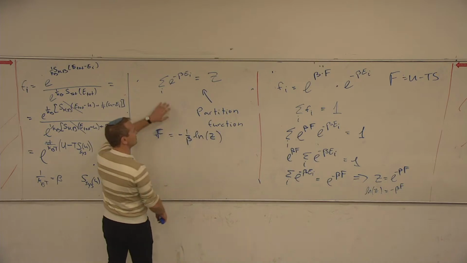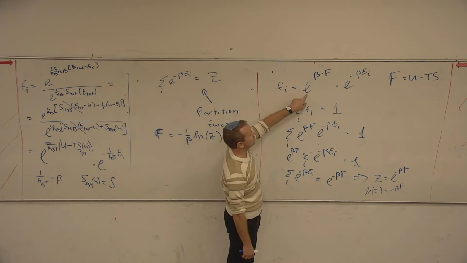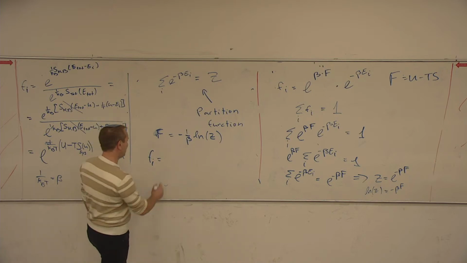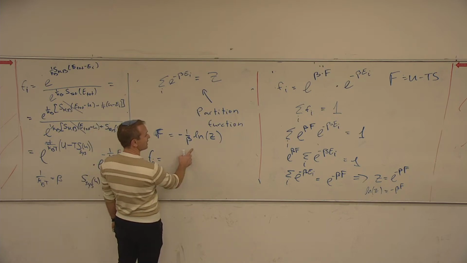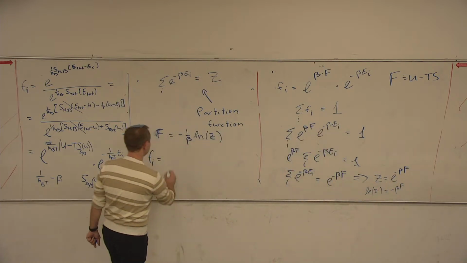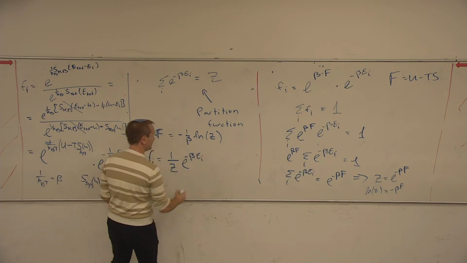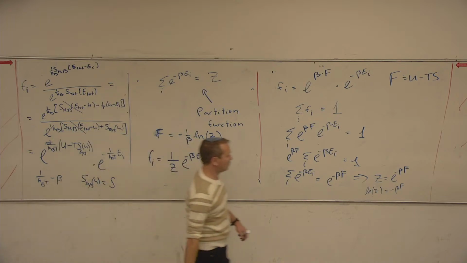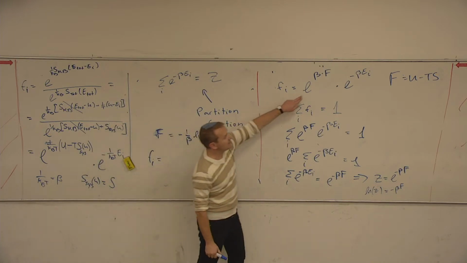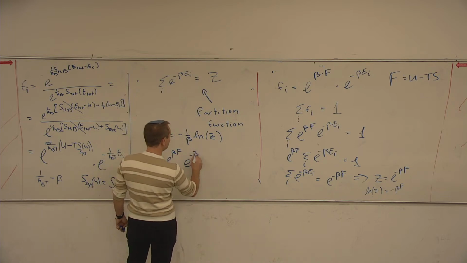So this is the probability, right? p_i equals e to the beta F times e to the minus beta E_i.